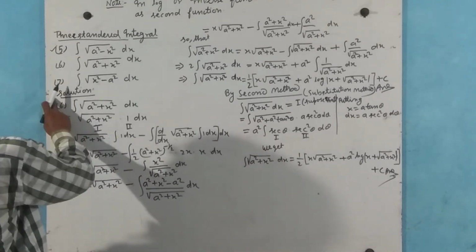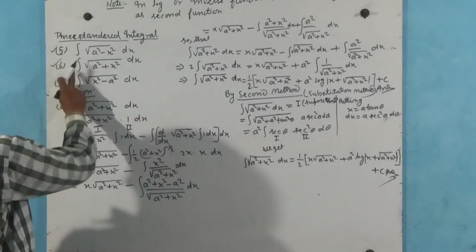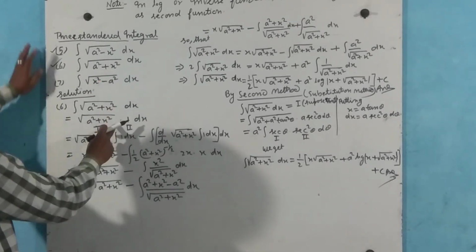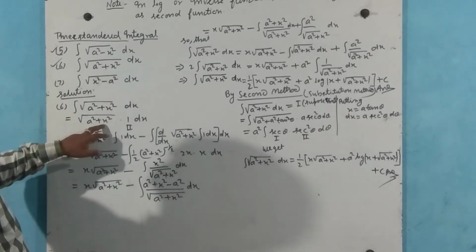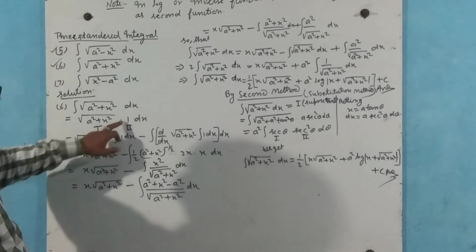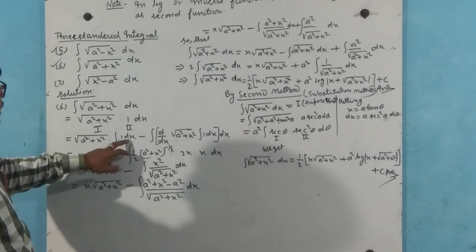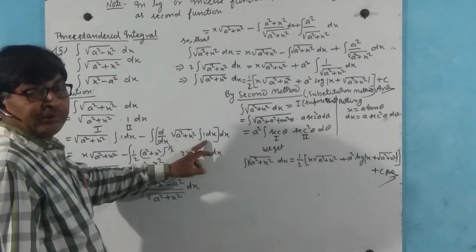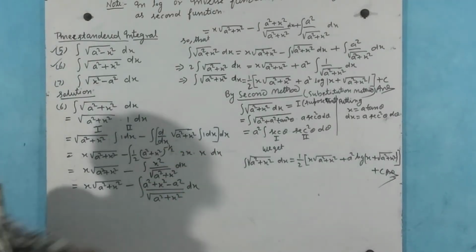Now here question number 6, integration of under root a square plus x square dx, so that in this case this is the first term, this is the second term. First term into integration of second term, minus integration of differentiation of first into integration of second, and whole integration.